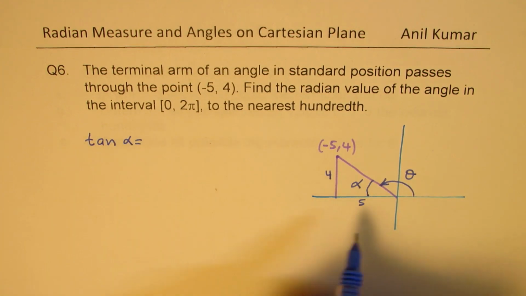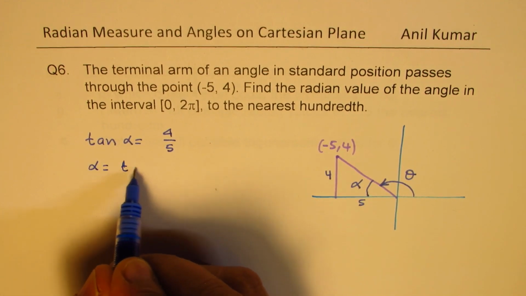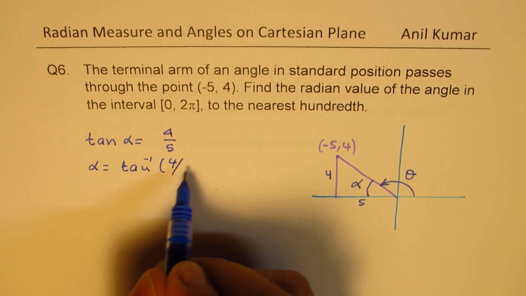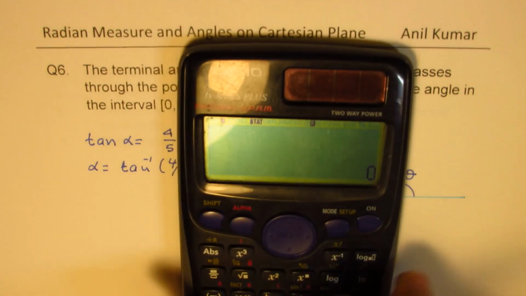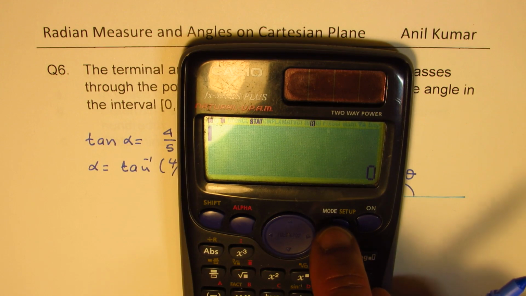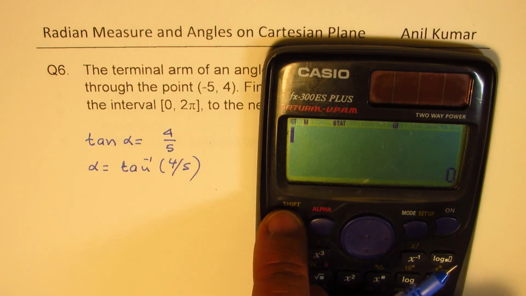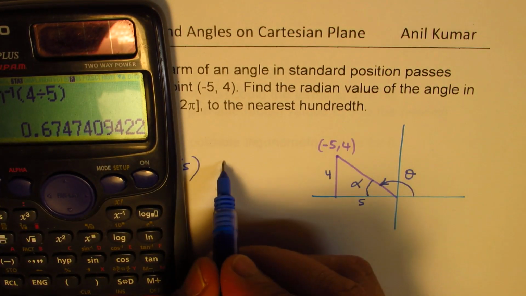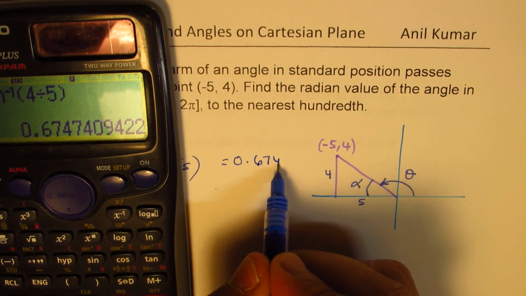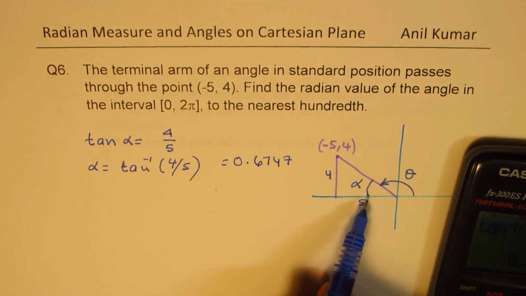So from here tan alpha is equal to 4 over 5, or alpha equals tan inverse of 4 over 5. Now we have to write the answers in radians. Therefore, the calculator setting should always be in radians for such answers, okay? So we are looking for shift tan inverse of 4 divided by 5, and that gives us a value equal to 0.6747, correct? So that becomes the related acute angle.